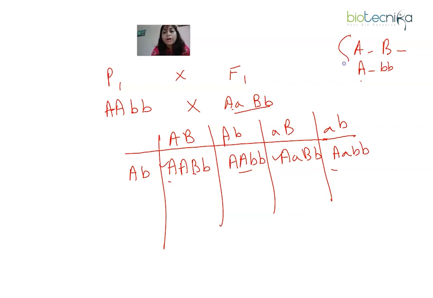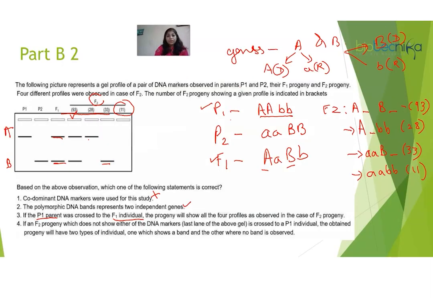But what about the other two, small a, capital B dash, or small a, small b? These two varieties are missing here. So when we cross P1 and F1, all the individuals showing the profiles in F2 cannot be formed. That's why this statement again is wrong.